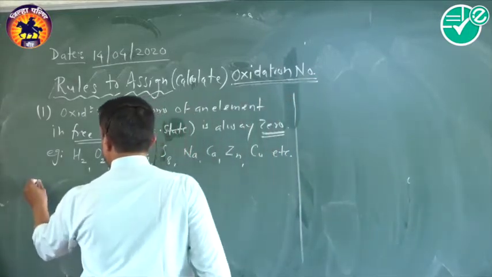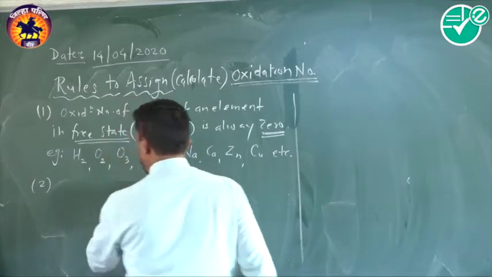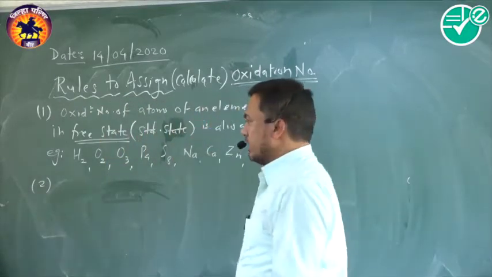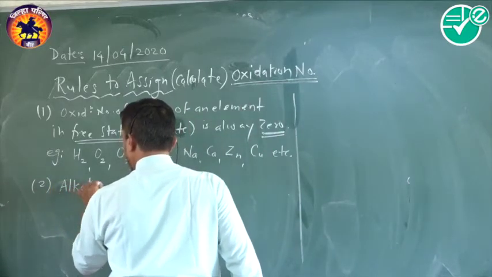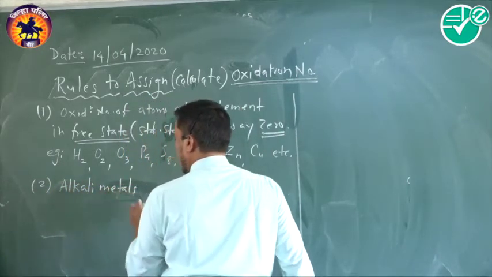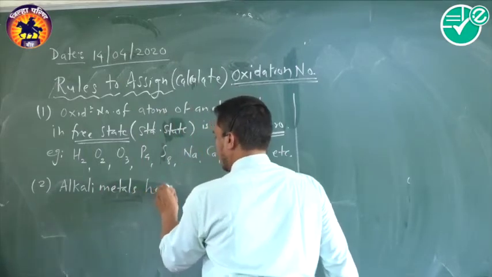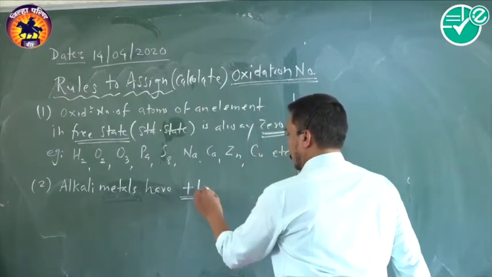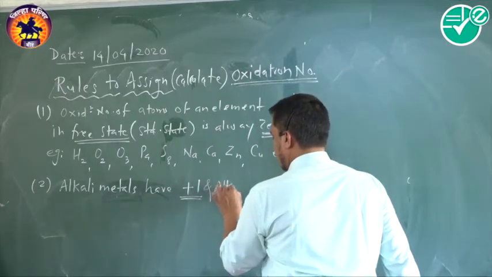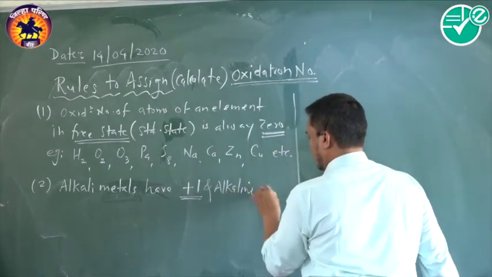Second rule to remember: the oxidation state of the alkali metals and alkaline earth metals. Alkali metals have +1 oxidation state, whereas alkaline earth metals have +2 oxidation state.